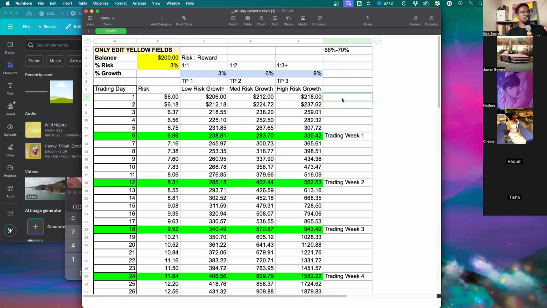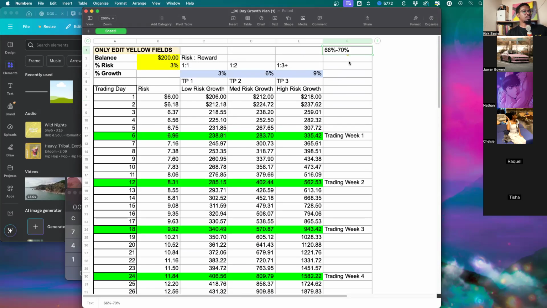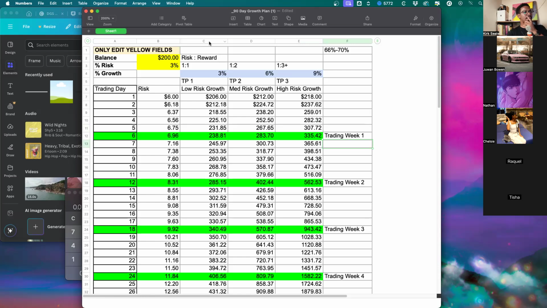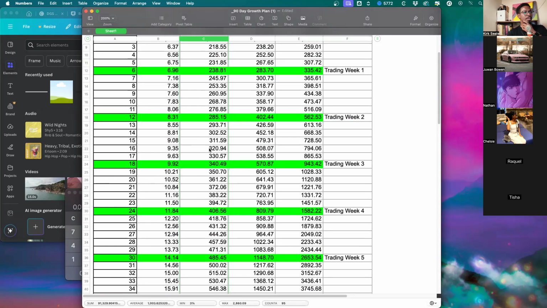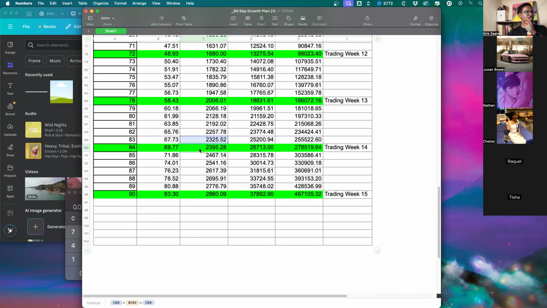And this is if you won every single trade. So if we just stayed in this column right here, one-to-one, in 90 days, your $200 could turn into 2,400, roughly.